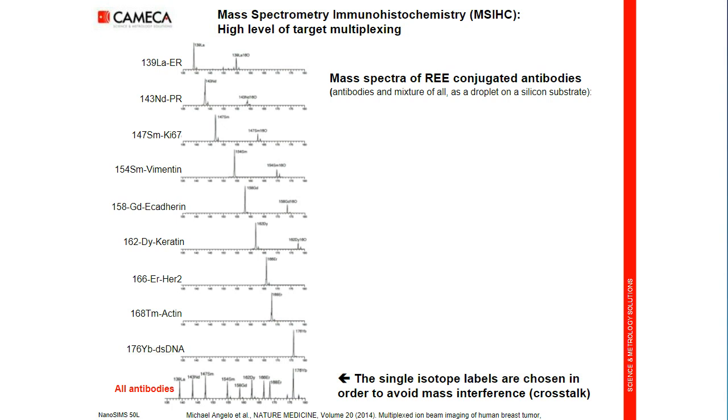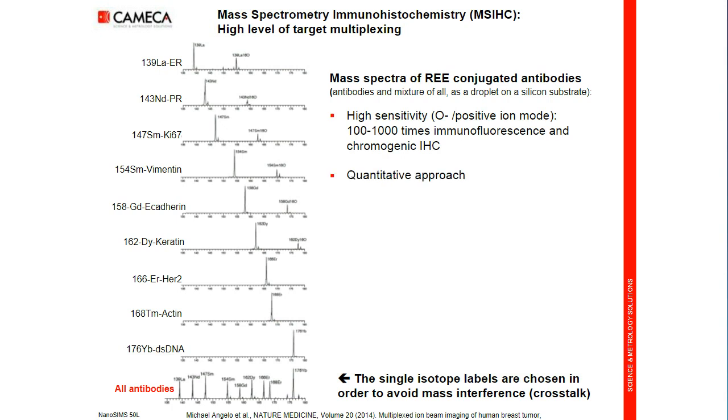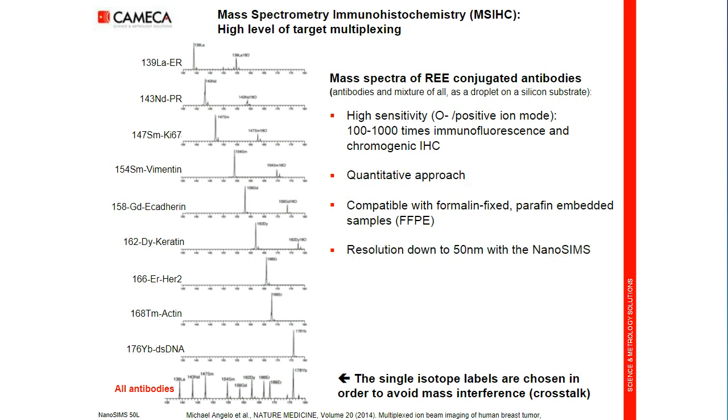It has a good ionization, so it's very good for a tracer. The SIMS technique is quantitative at low concentration, and this is the case. And it's compatible with formalin-fixed paraffin-embedded samples. The NanoSIMS will allow 50 nanometer lateral resolution. And in this study, 9 tags were recorded, plus aluminum.